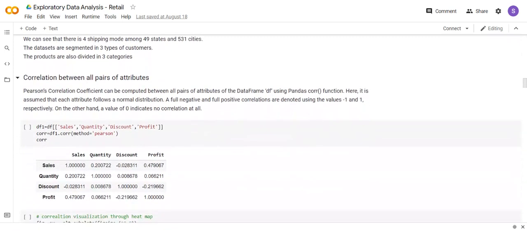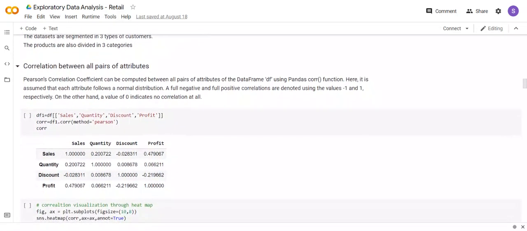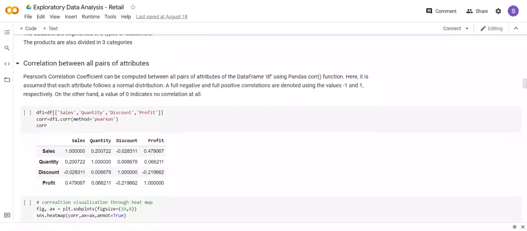Here we are checking the correlation between all the pairs of attributes. Generally correlation happens with numerical data. If the value is -1 or 1, that shows a strong correlation among the data, and when it comes to 0, that means there is no correlation.